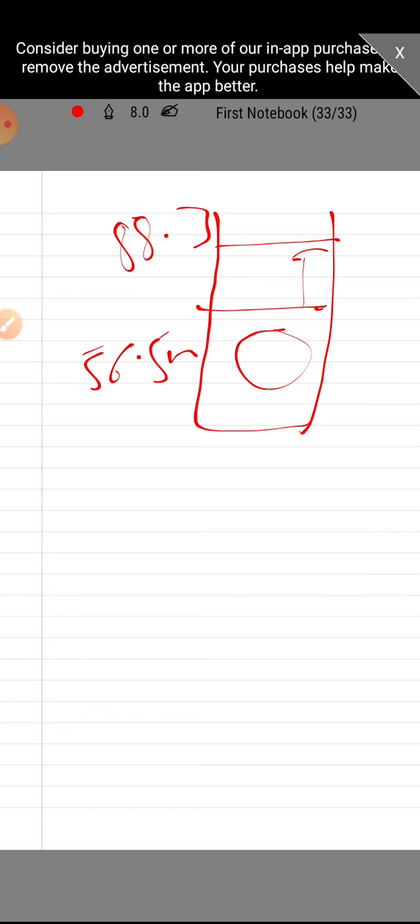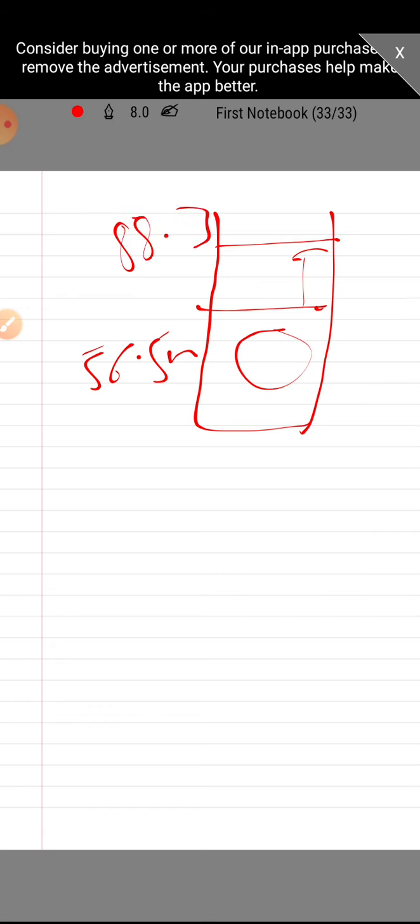So you have to determine the volume of the piece. So volume is given by V2 minus V1. So 88.3 minus 56.5, and on solving we get 31.8 ml. So this is our answer.